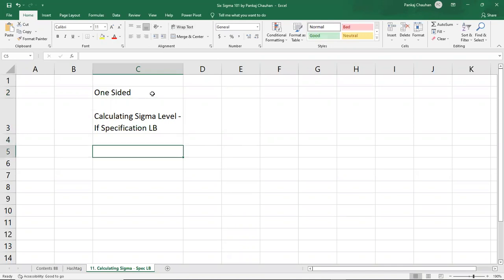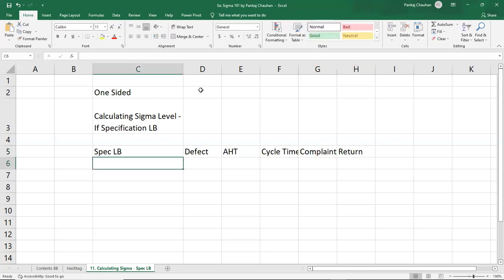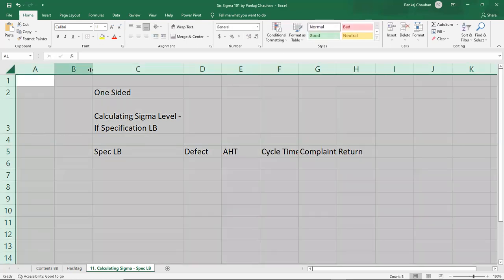Lower is better. Examples where you will see lower is better in a process are defects, maybe your average handling time, maybe the cycle time of any process, maybe complaints, maybe market returns. These are the things we always consider as lower is better.